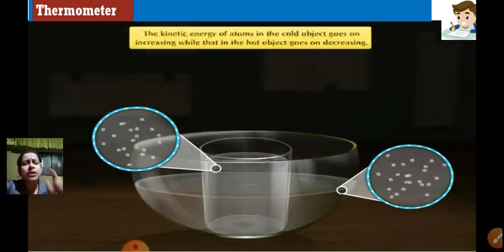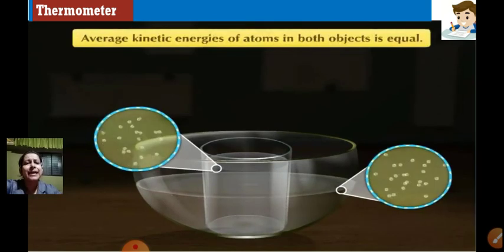To some extent, the average kinetic energies of the atoms in both of them become equal at one point. And you have learned that the temperature is related to the average kinetic energy. So the average kinetic energy of atoms of both the objects, hot and cold, at one point becomes equal, and when they become equal, that means even their temperatures become equal.